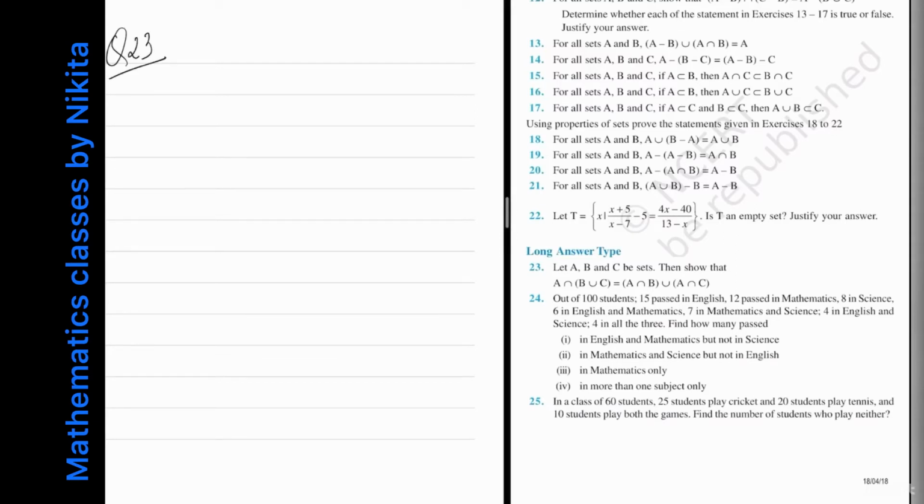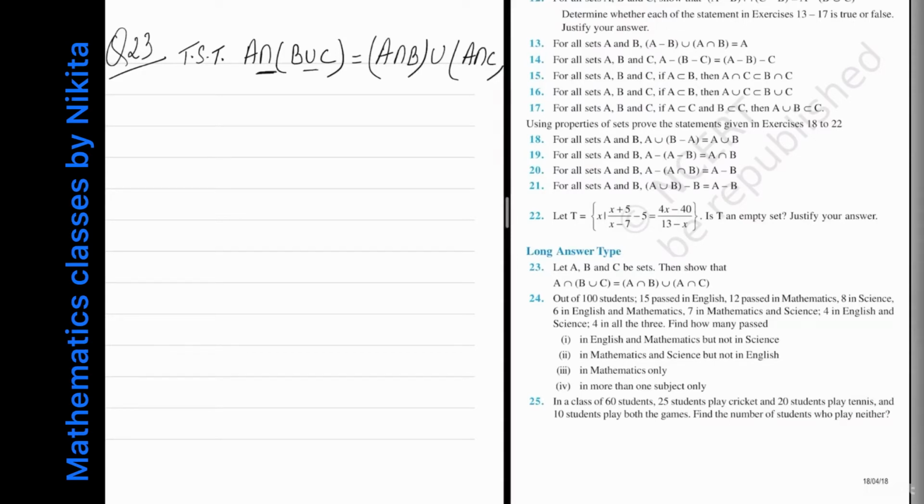So what you have to show is that A ∩ (B ∪ C) is equal to (A ∩ B) ∪ (A ∩ C). That means you have two distributive laws. That means intersection is distributive over union, and the other way around is that union is distributive over intersection.